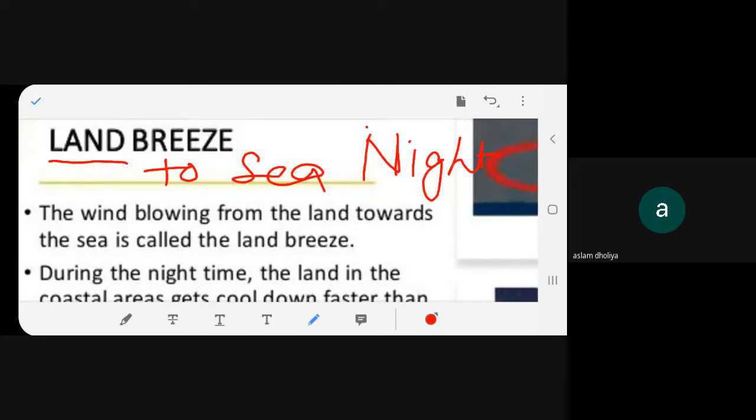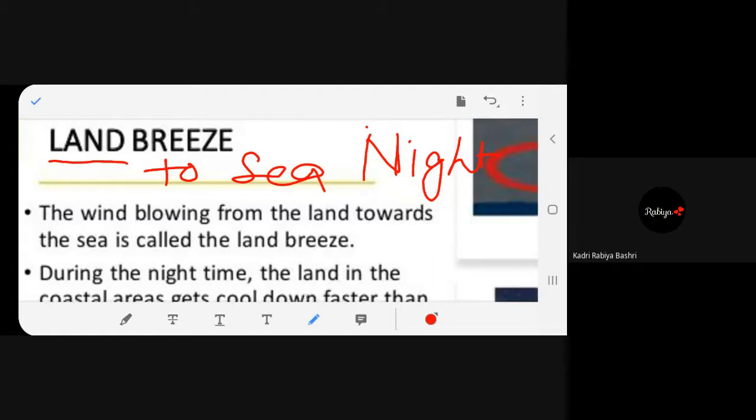When this land breeze happens, what time does it happen? Daytime. Land breeze.